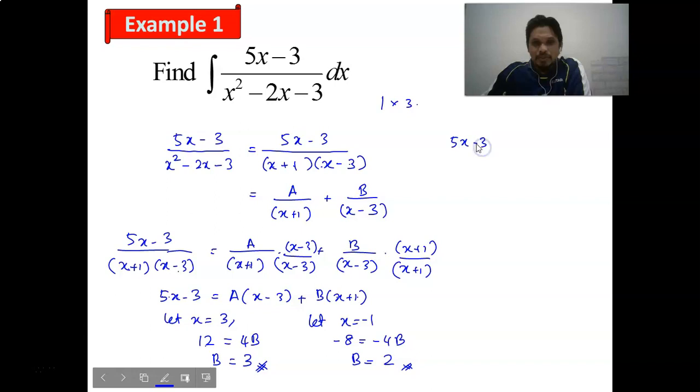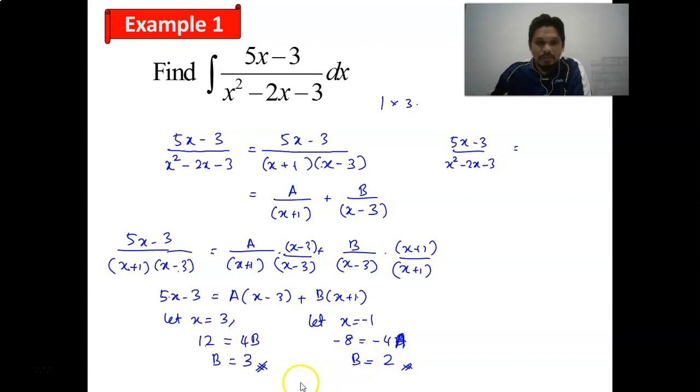5x minus 3 divided by x squared minus 2x minus 3 equals... Okay, this one, let x equal negative 1. So negative 1 plus 1 equals 0. Then this is supposedly a here.